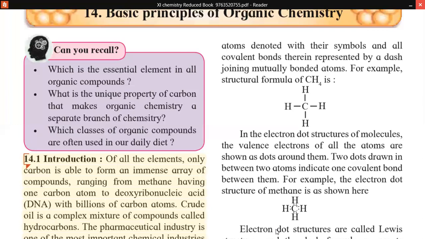The second part of the chemistry subject is inorganic chemistry. This mainly consists of the study of the periodic table that you had already studied in 10th standard.